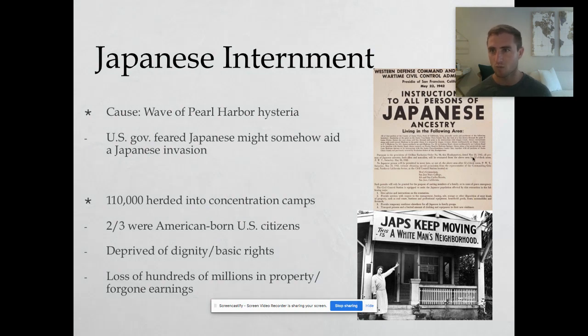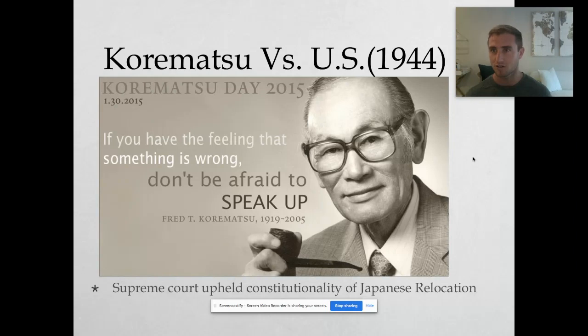And the country at the time is going to defend this through the Supreme Court. Fred Korematsu is someone who resists being relocated to a camp. He says, I'm not going to go. I refuse. The Supreme Court is going to defend FDR's decision by executive order to allow Japanese internment.